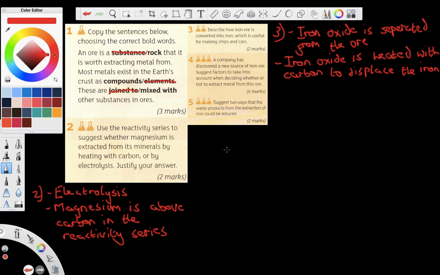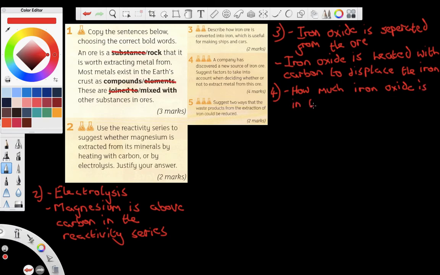Question 4 says, a company has discovered a new source of iron ore. Suggest factors to take into account when deciding whether or not to extract the metal from this ore. So, first one is how much iron oxide is in the ore.